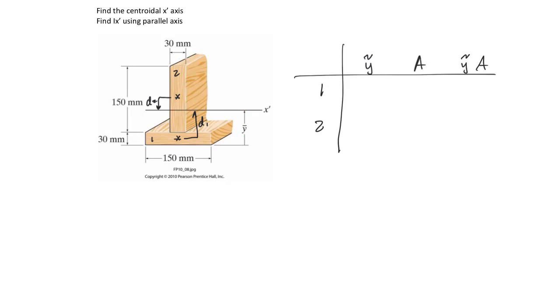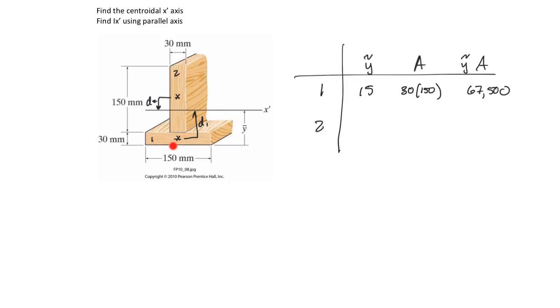All right, so what is the distance from my reference down here to the centroid in the y direction of number 1? Looks like that is half of 30, so that's equal to 15. The area is 30 times 150, and so I get a value here of 67,500 as my y tilde area.